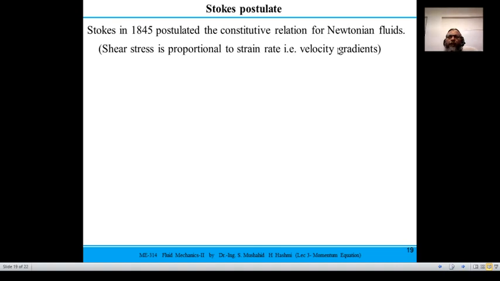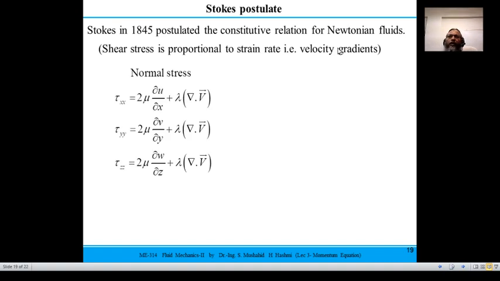So here we have 2 types of stresses, the normal stresses and the tangential stresses. For the normal stresses, xx, yy and zz, we can relate them to the velocity gradient by this equation. This involves 2 types of coefficient. Mu is called the viscosity coefficient or first coefficient, and lambda is the second coefficient.